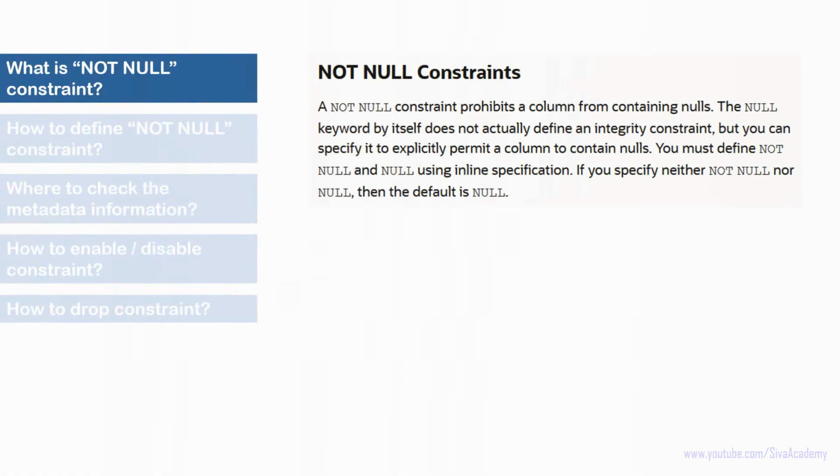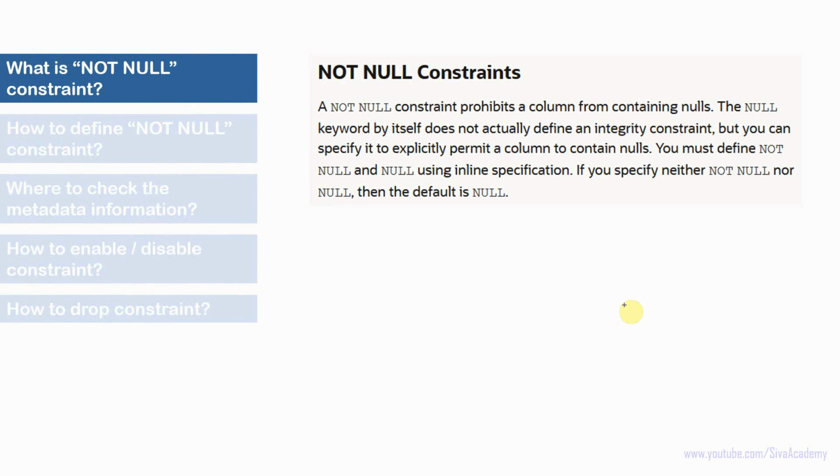Let's understand what is a not null constraint. As the keyword says, by creating a not null constraint, we are prohibiting null values from getting inserted or updated into a table. In many cases we want a column to have a not null value. For example, an employee name must not be null.